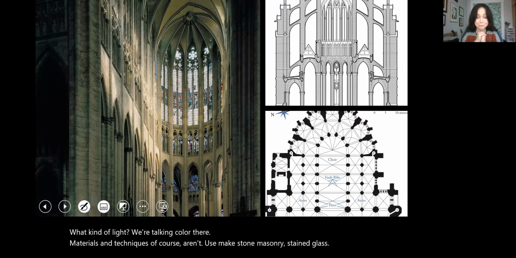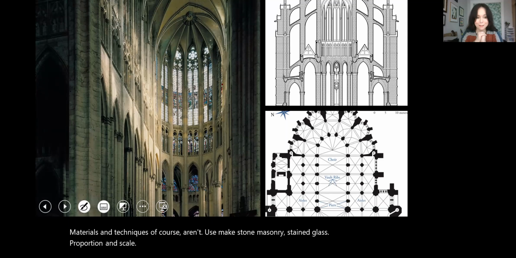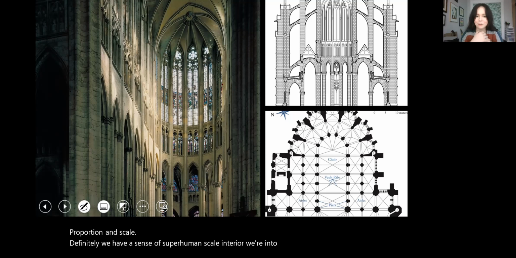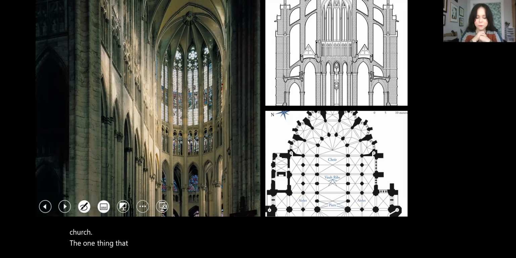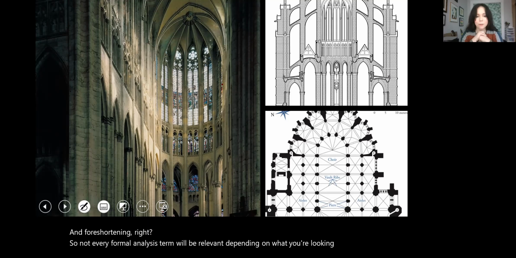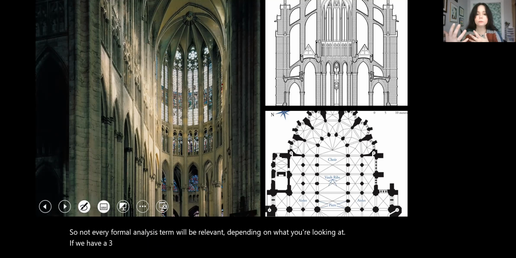Proportion and scale. Definitely we have a sense of superhuman scale interior. We're dwarfed by the scale of this church. The one thing that isn't really applicable to an architectural drawing or building, perspective and foreshortening, right? So not every formal analysis term will be relevant depending on what you're looking at. If we have a three-dimensional sculpture, foreshortening is not at play.